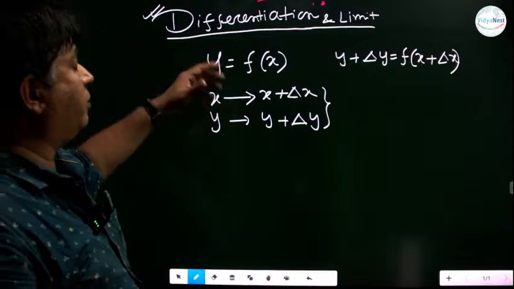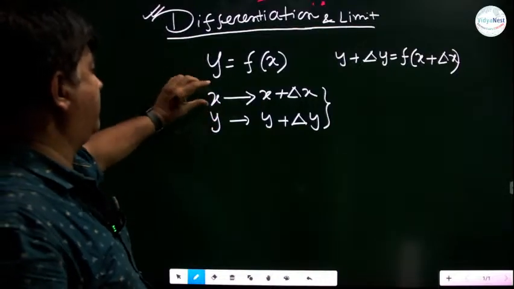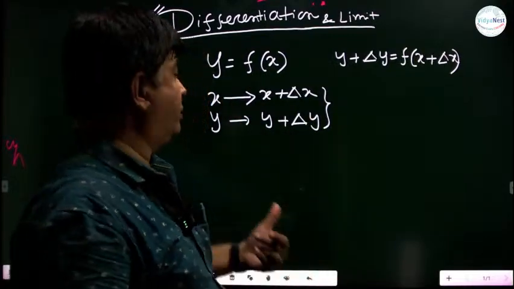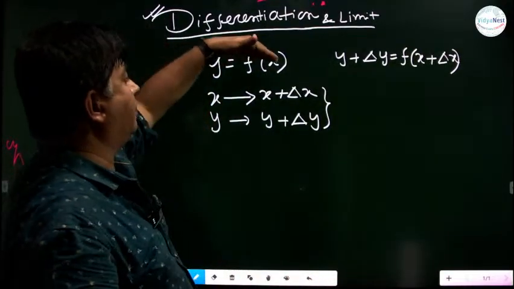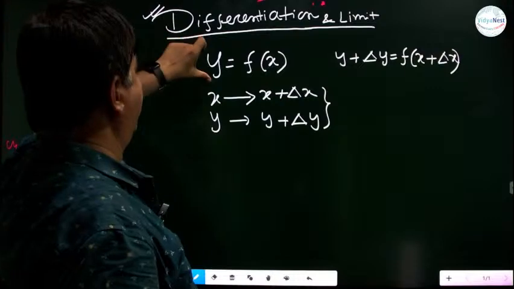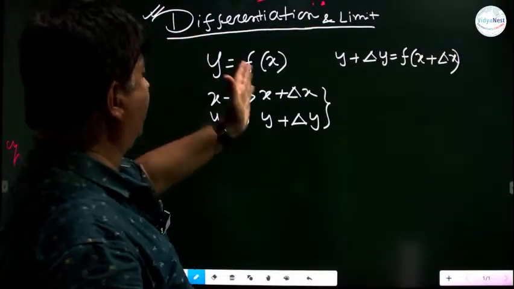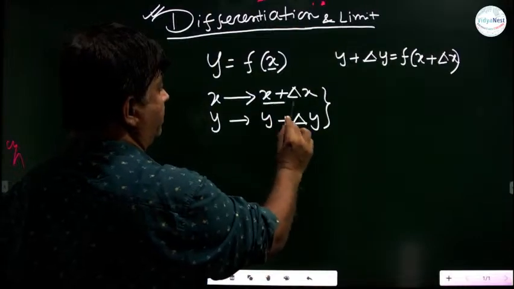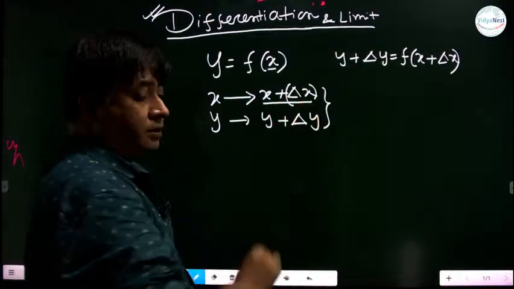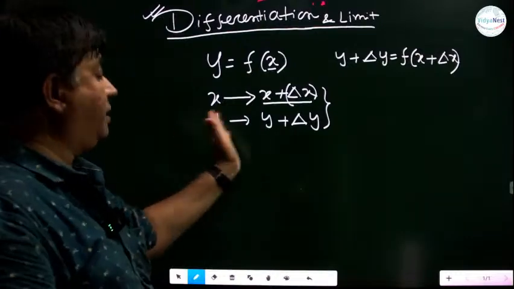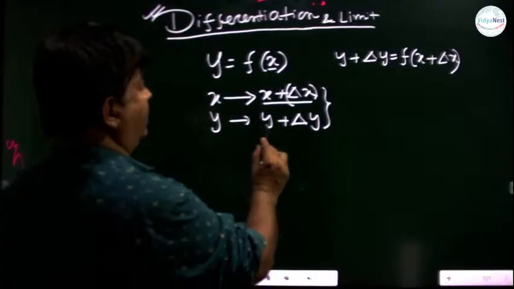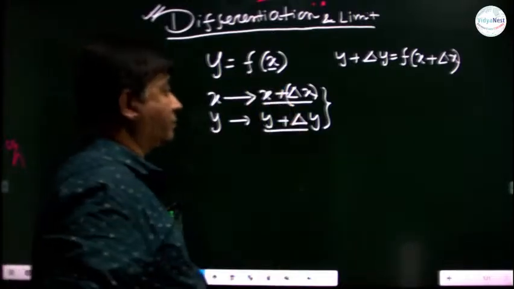So if you consider x as income and y as expenditure, expenditure depends on income. Income is x, expenditure is y. Now, income is increased by delta x. Automatically, expenditure by the hour of need will be increased and it has become y plus delta y.